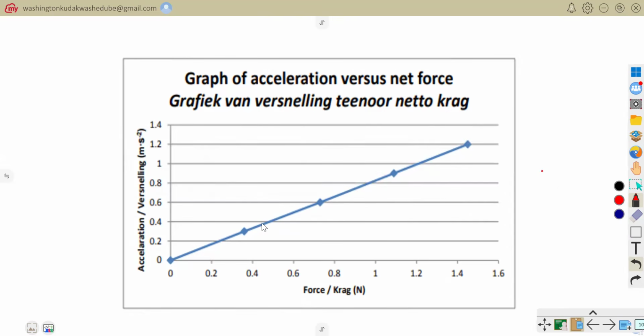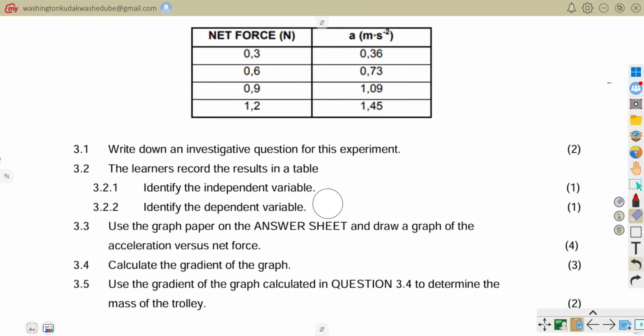It is simply a straight line graph having your acceleration and your net force. So that is exactly what you are supposed to do there. Given that experiment, that is how you interpret it, and that is how you use those results to answer the given questions. Now let's answer the following question, which says calculate the gradient of the graph.